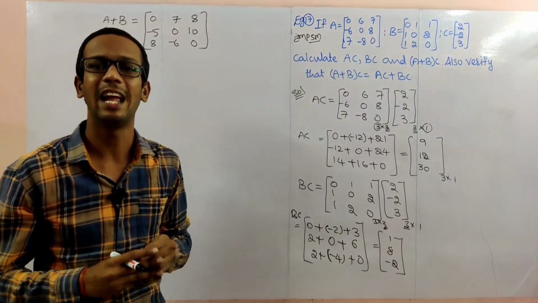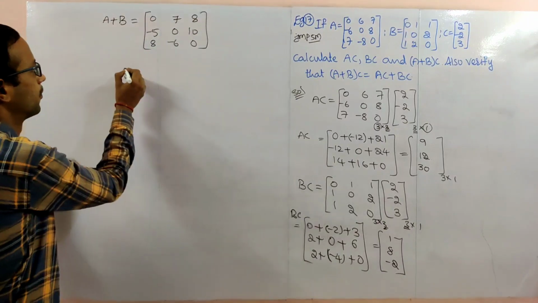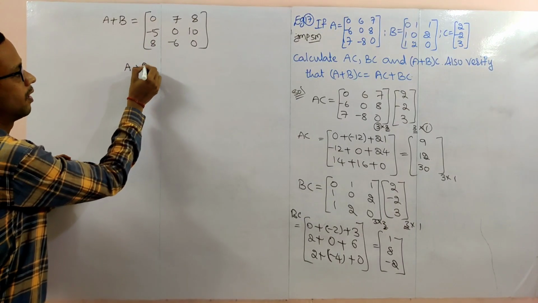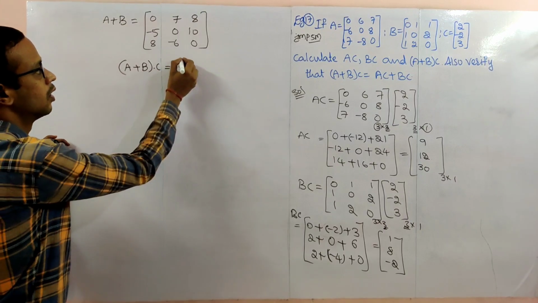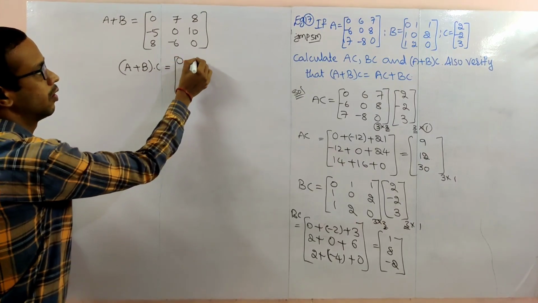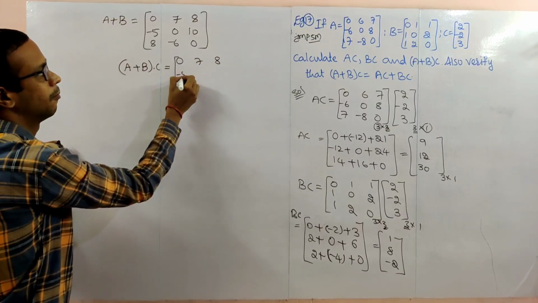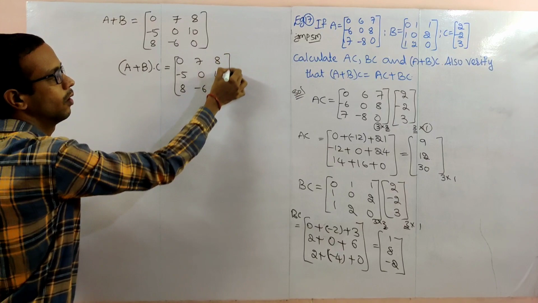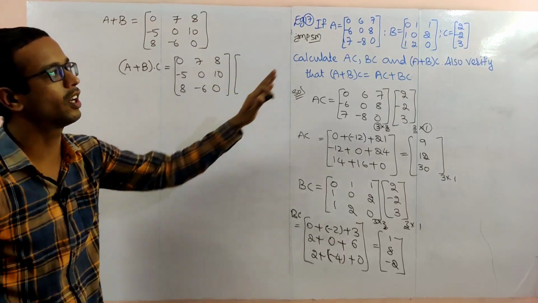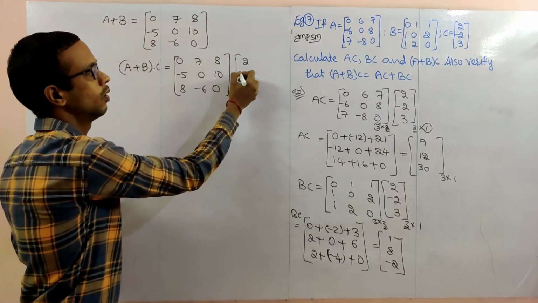But what we need is (A plus B) into C. So [0, 7, 8; minus 5, 0, 10; 8, minus 6, 0] into C, and C is 2, minus 2 and 3.